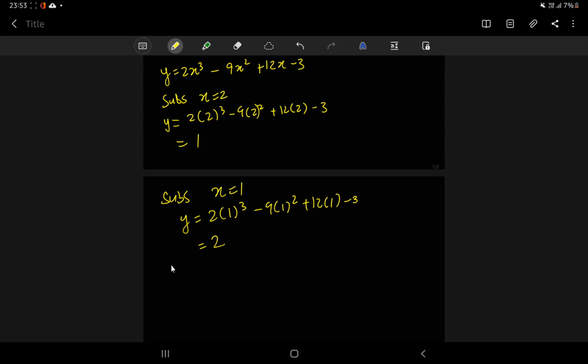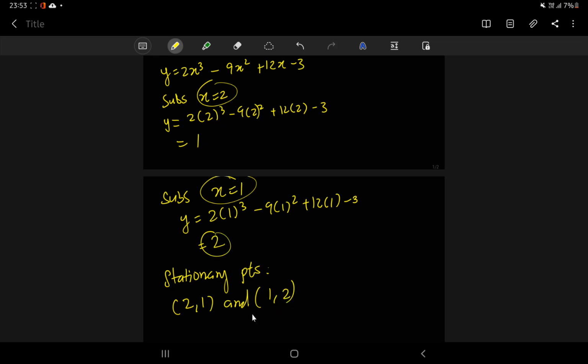We have 2 stationary points. So the stationary points are, when x equals 2, y equals 1, and when x equals 1, y equals 2. So it is interchanging. This is our stationary point.